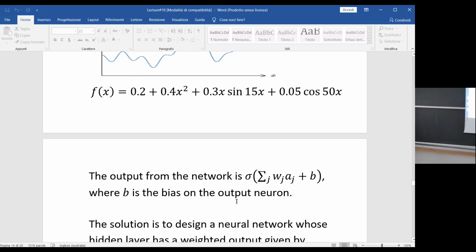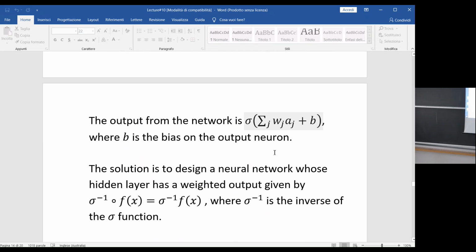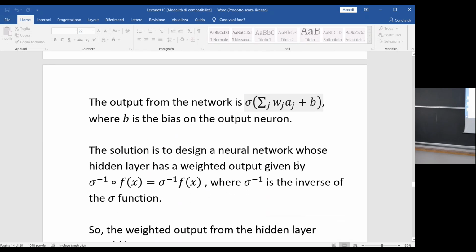And the output of the network will be, as usual, sigma, the activation function, of the summation of aj wj, weighted sums of the output of our neurons, plus the corresponding bias b of the output neuron.